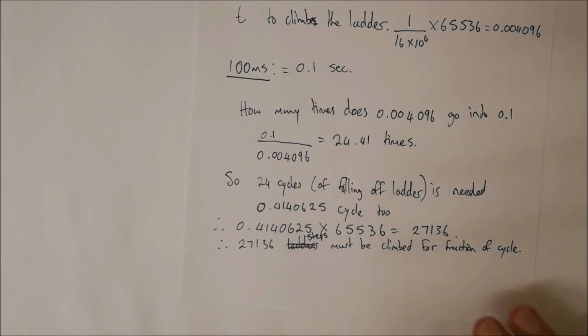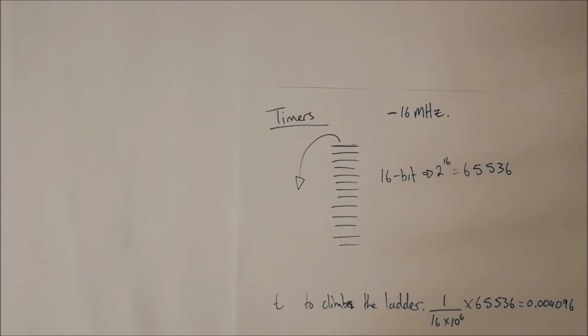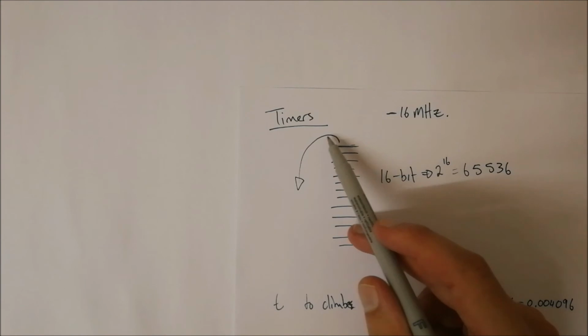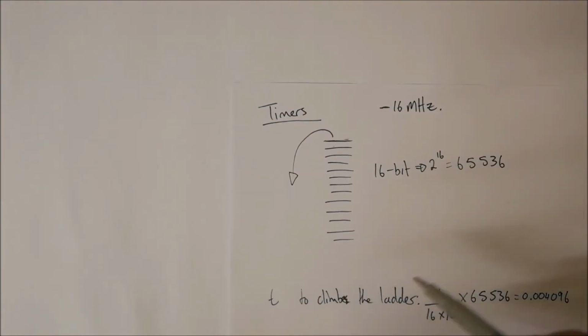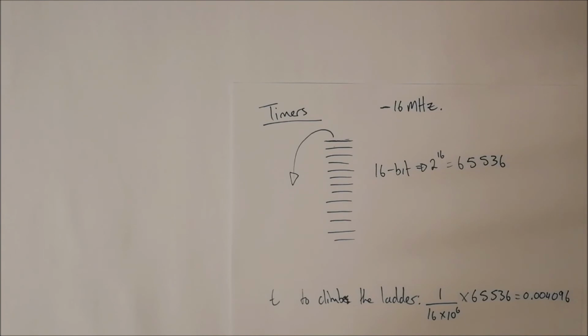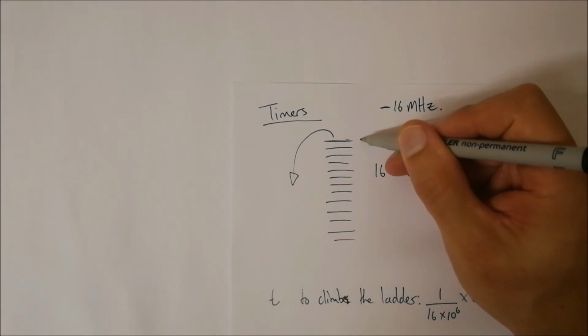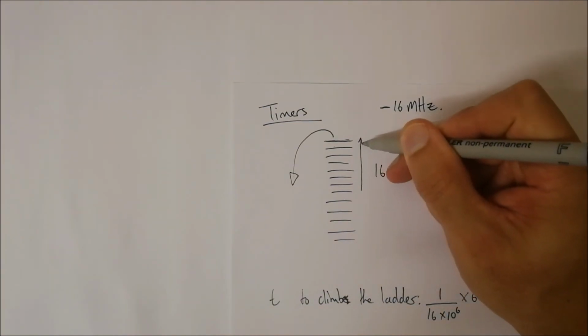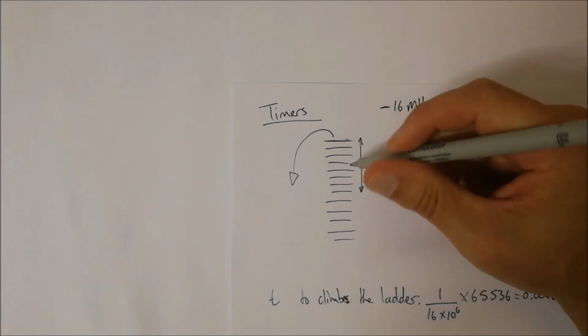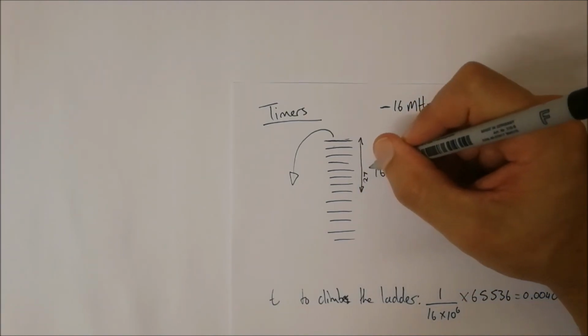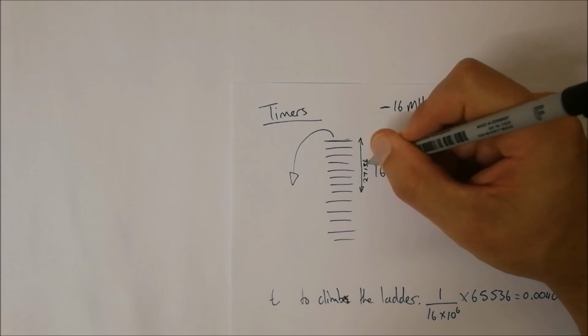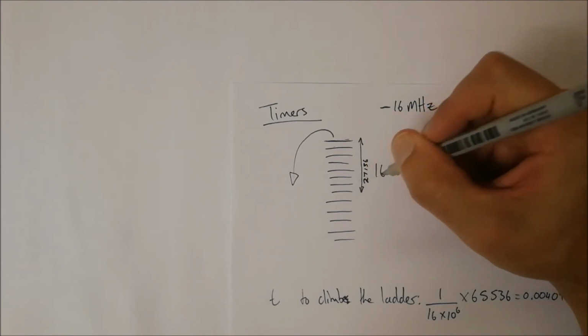Okay, so again, the only time we get any information back from the timer is when we fall off the ladder. That's the only time we are notified by the timer, when this falling off of the ladder happens, so we got to the top. So essentially we need to see how far from the top we need to be for 27,136 steps to occur.